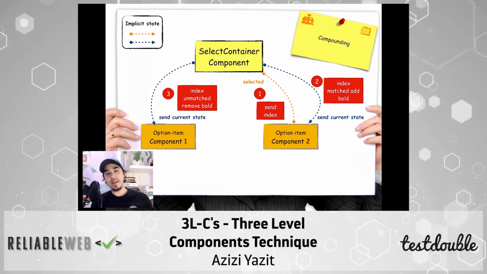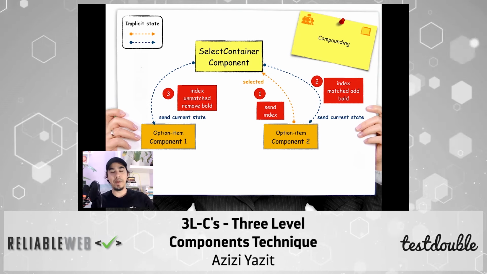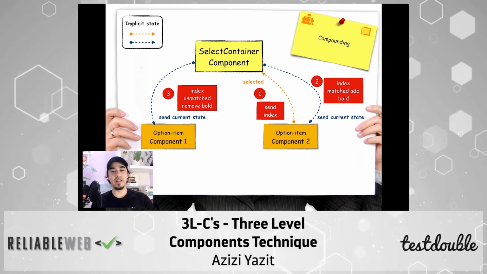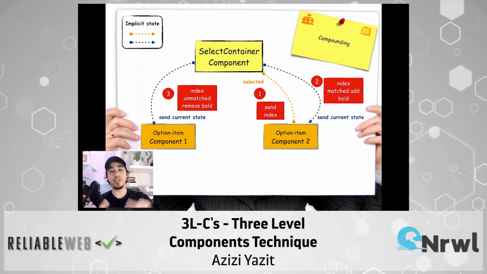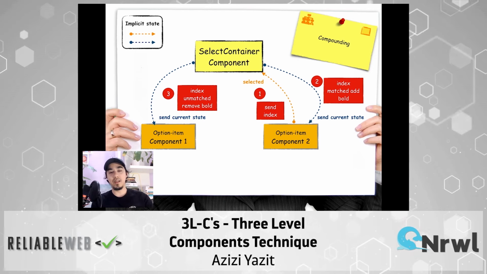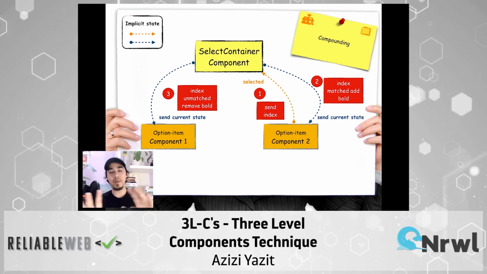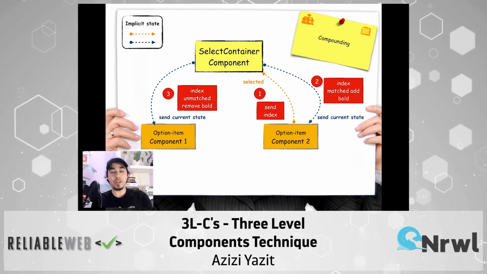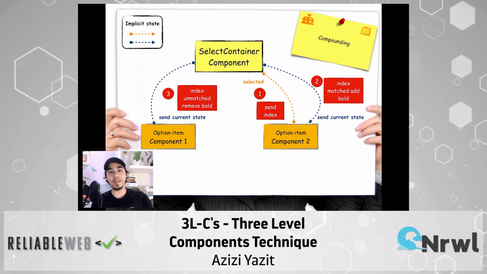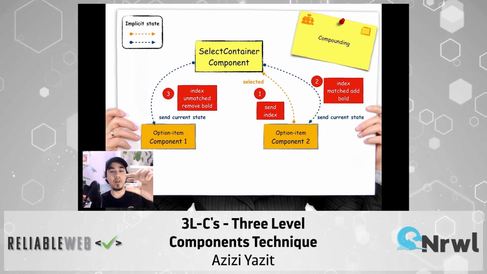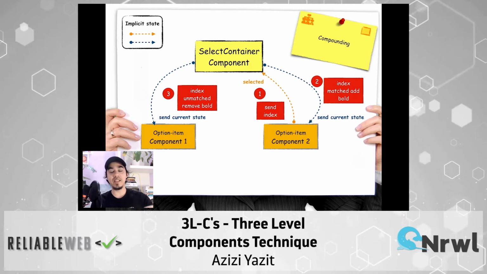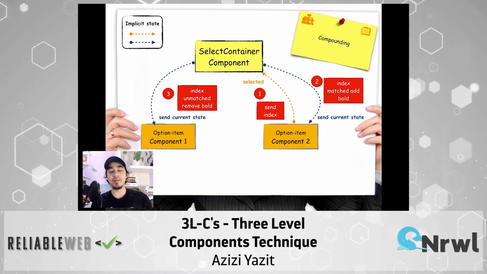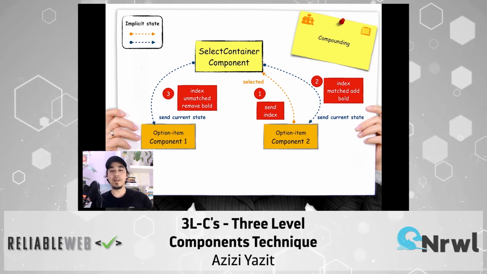So back to the diagram about how the parent component manages the implicit state to let the children of the select container component communicate. In this context, we will use the select component. For example, we have the select container component as a container for the children, and inside this container we have the option items as children.